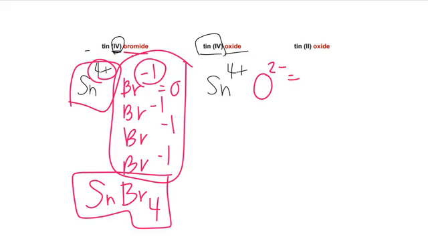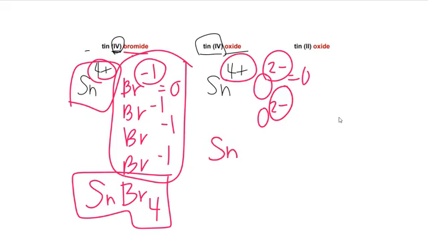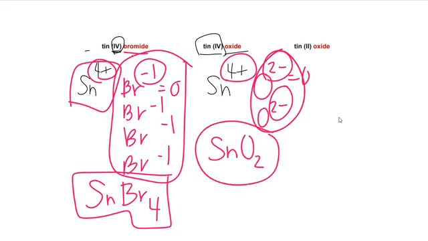So to have a neutral charge, if I have a +4, how do I get to -4? So I would need another O2 minus. That would give me -4. So my compound would be 1 Sn and 2 O's. SnO2.